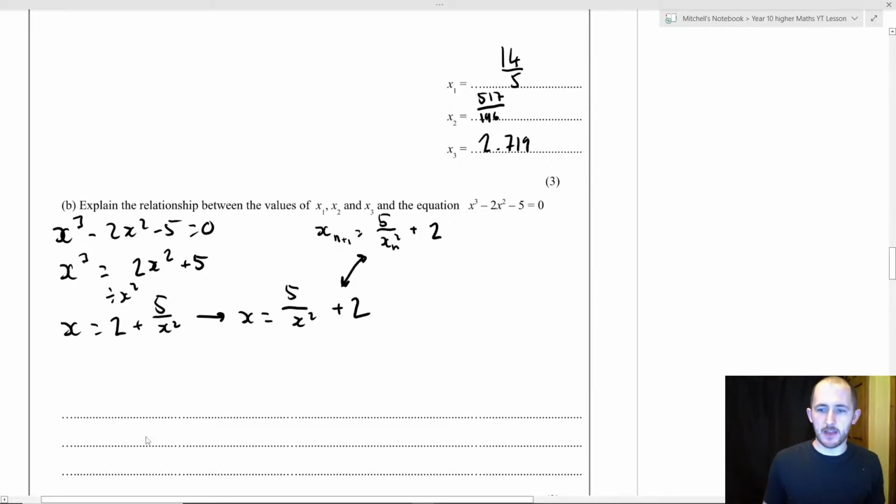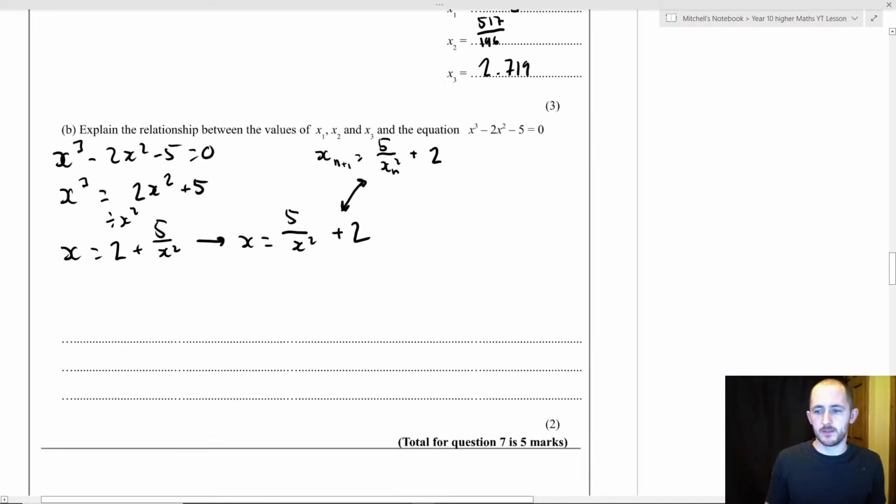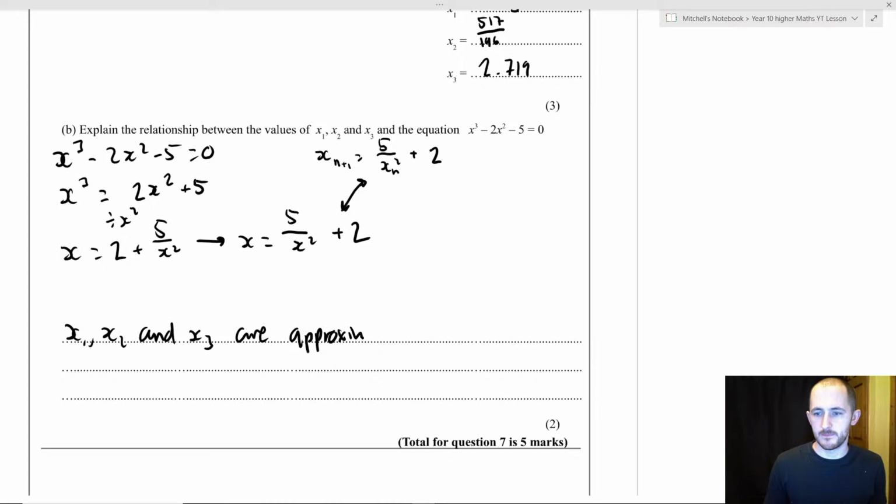So, now that I've shown that those two equations are the same, I can now say that x1, x2 and x3 are approximate solutions to x cubed minus 2x squared minus 5 equals 0.